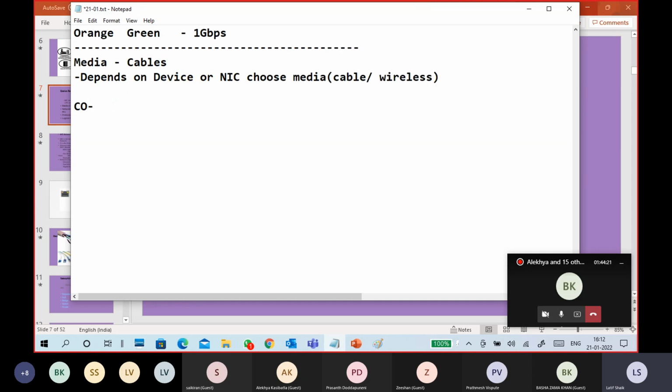Coaxial cables. So we'll start directly. Okay, coaxial cables. Nowadays we are not using this coaxial cable, but how it looks, it is better to know.